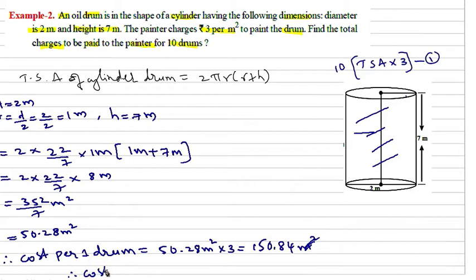Therefore the cost for 10 drums is equal to 150.84 into 10 rupees, which is equal to 1508.4 rupees. So the cost to paint 10 drums is 1508 rupees, 0.4.